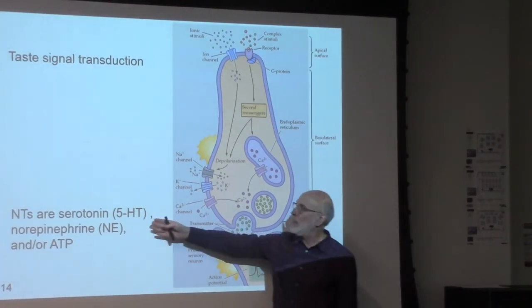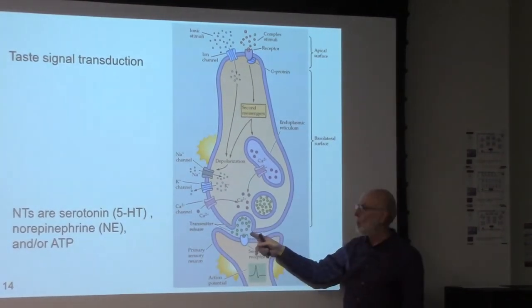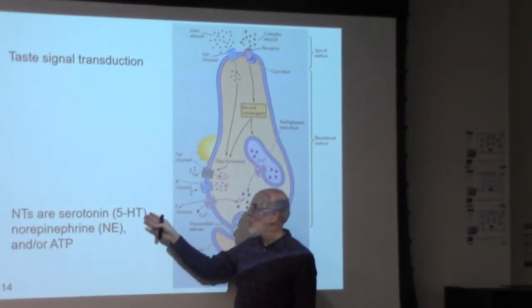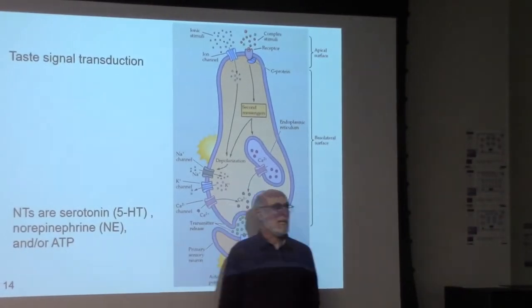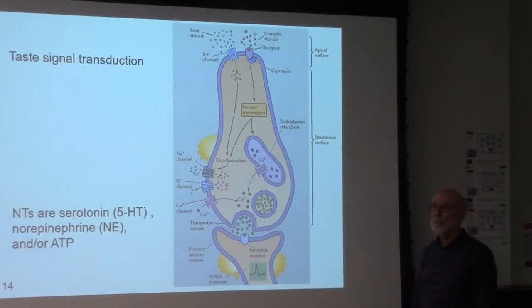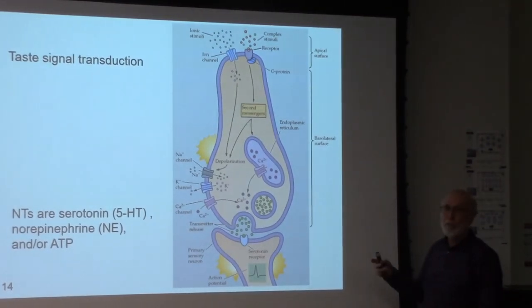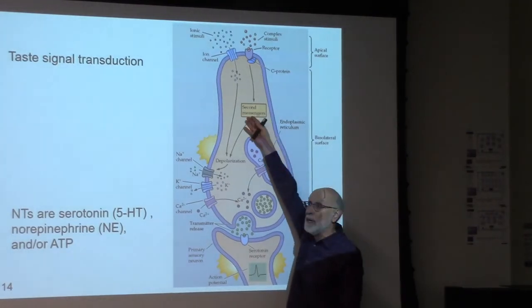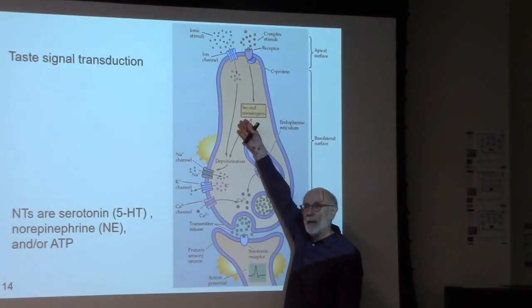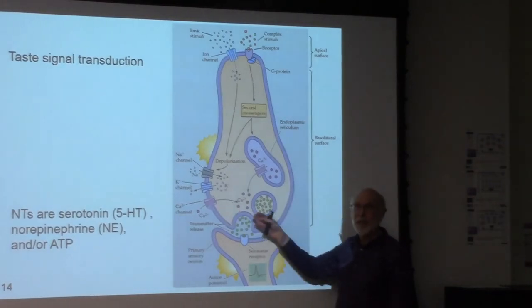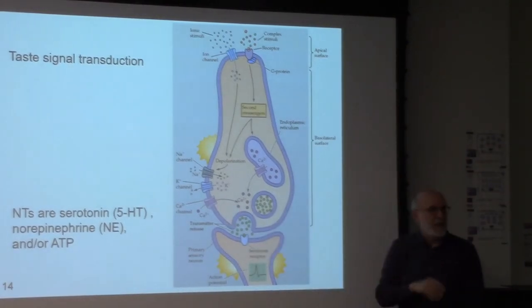There's some uncertainty about the nature of the neurotransmitter here, but there's evidence for serotonin, norepinephrine, and ATP. I won't test you on that. But I would feel compelled to test you on the idea of a short receptor cell, depolarization, calcium influx through voltage-gated calcium channels, neurotransmitter release, and the details that I'm leaving out.